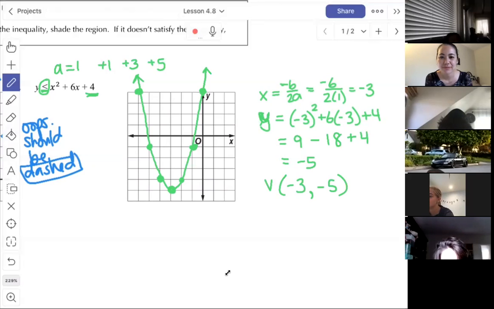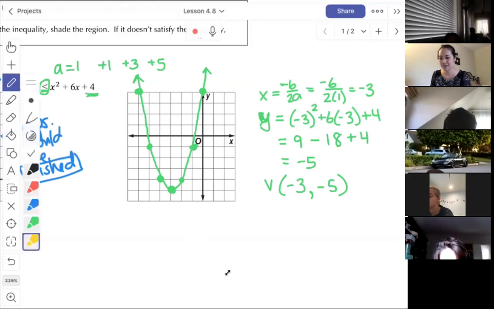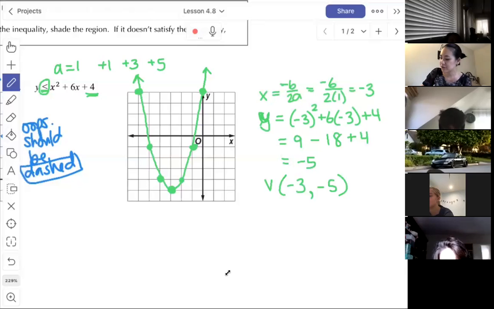You should shade inside. And why? Because of the greater than or equal to. Okay, good. So you're looking at the less than or equal to. So it's less than. Yes. So do I want the top or the bottom of the y-axis?